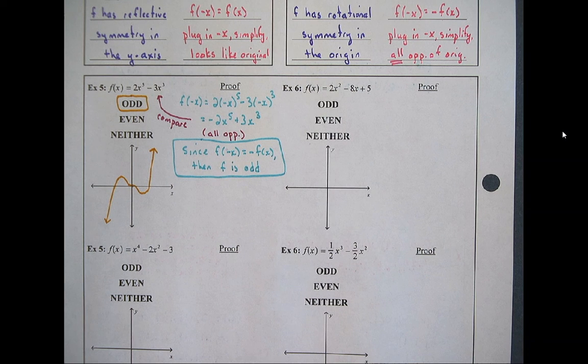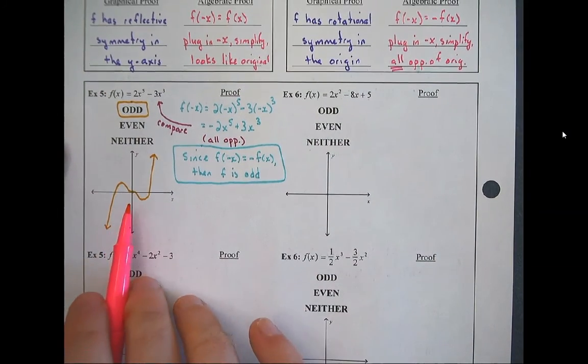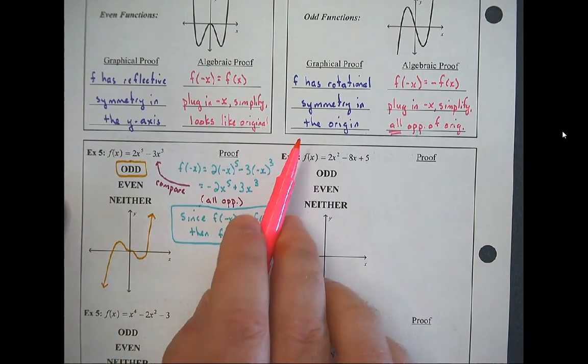Let's try another one, or let's just do the algebraic proof. The graphical proof is much easier. So, what kind of symmetry does this graph have? This has rotational symmetry.